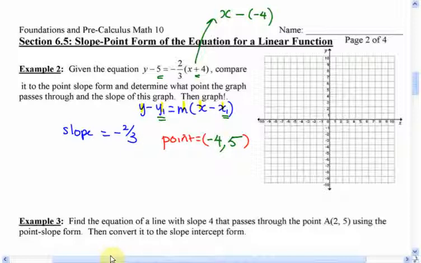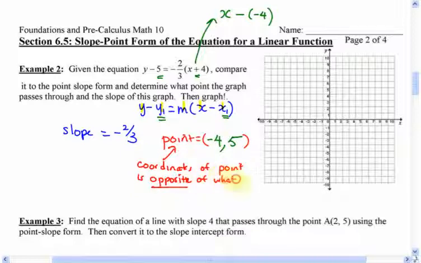The coordinates of the point are opposite, meaning negative, of what you see in the equation. We'll do more practice with this in a second, but this is the easiest way of figuring it out. So the point and the equation, the signs are opposite.